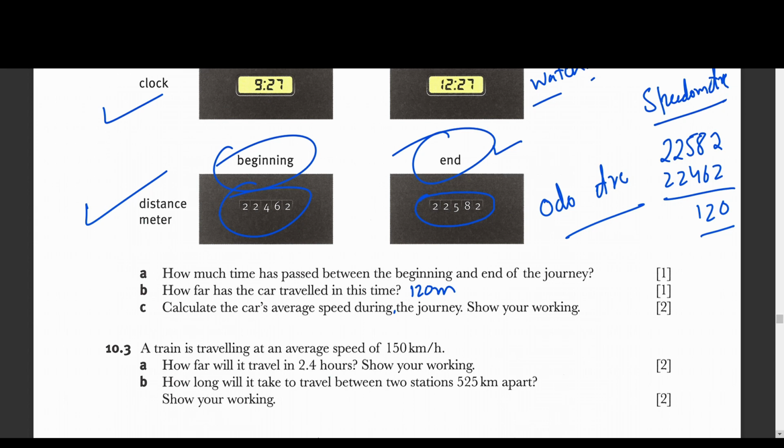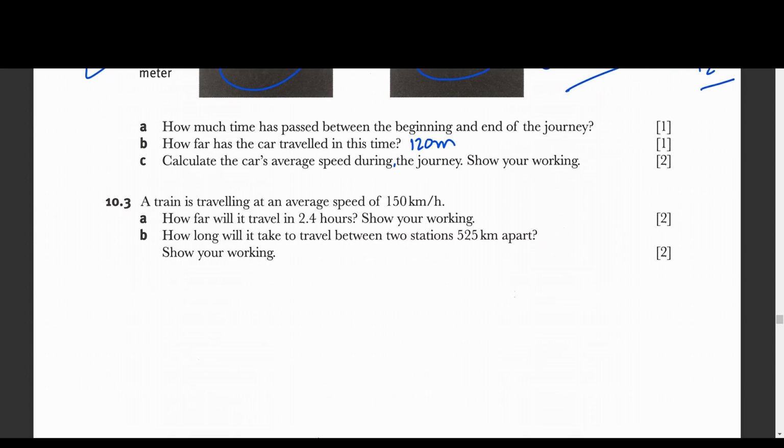Question 10.3. A train is traveling at an average speed of 150 km per hour. How far will it travel in 2.4 hours? Show your working. Its average speed is 150 km per hour.